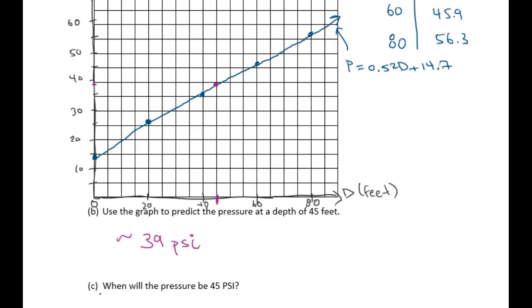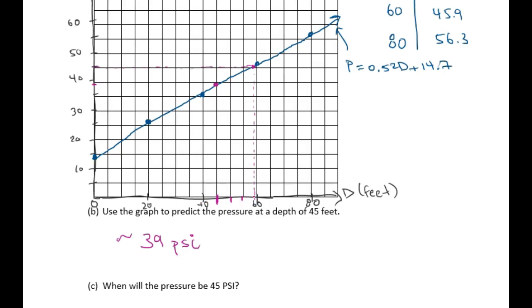And then C is asking what the depth will be when the pressure is 45 psi. So 45 is up here somewhere. If we find that value on my line and drop it down, here is 40, 50's in here, 55.